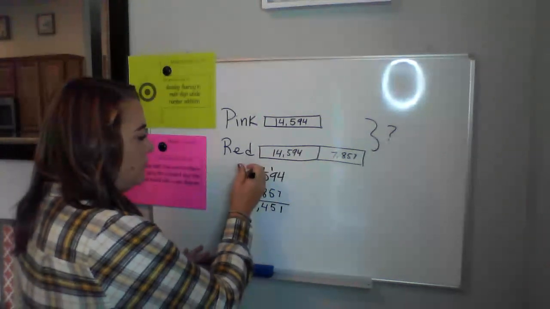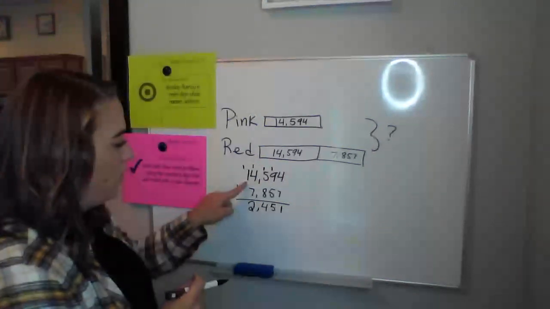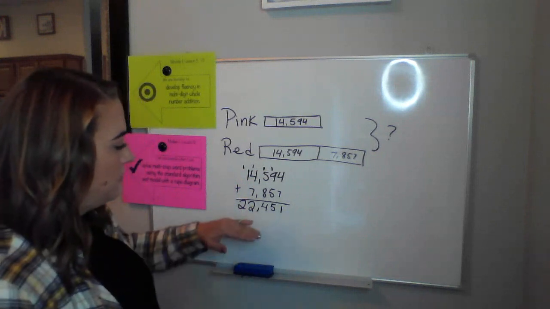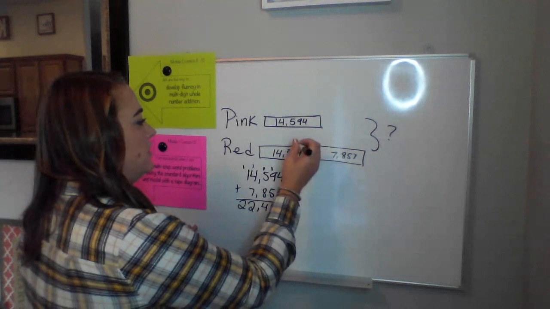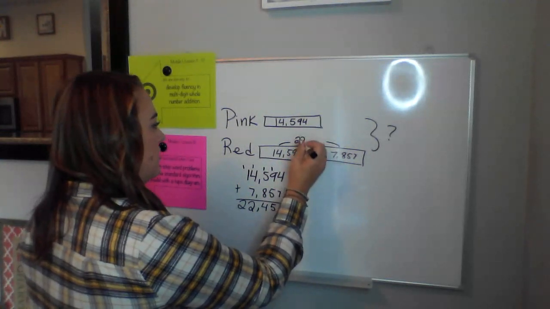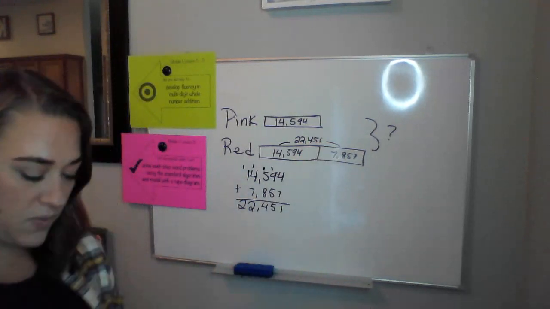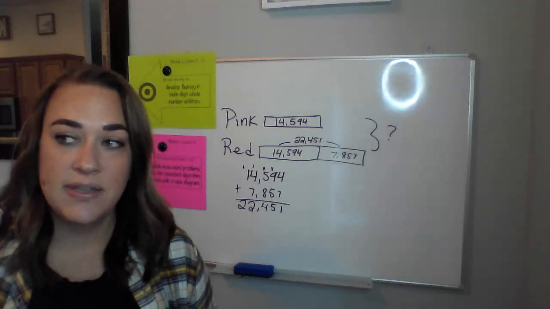Bundle 10, move it over. It's going to leave me with 2. And then 1, 2. So this number represents our red roses. So we can say, well, this together was equal to 22,451 red roses.